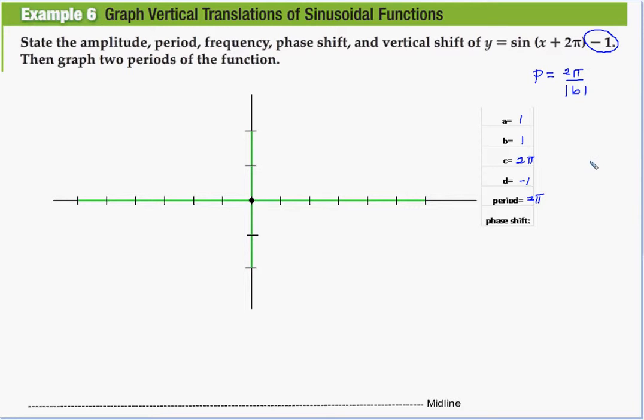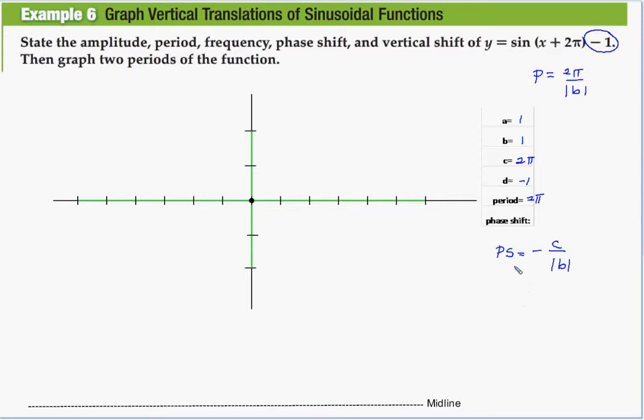Now the phase shift. Let me use PS as the short form for phase shift. It's equal to negative c over the absolute value of b.